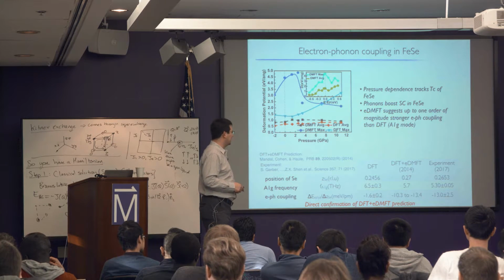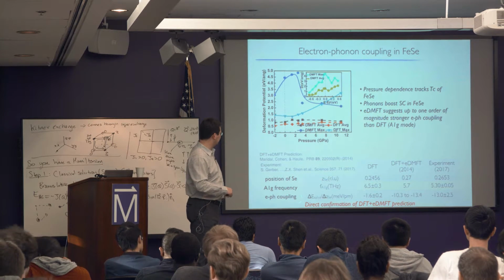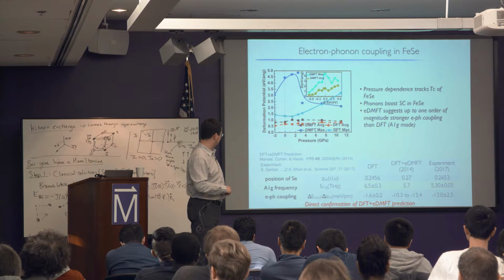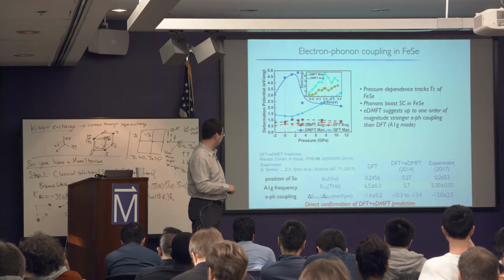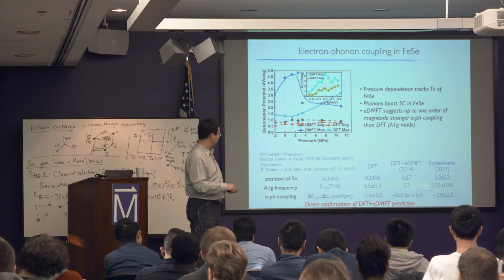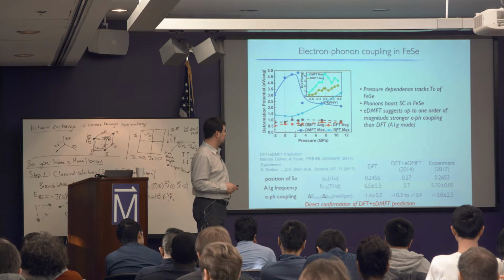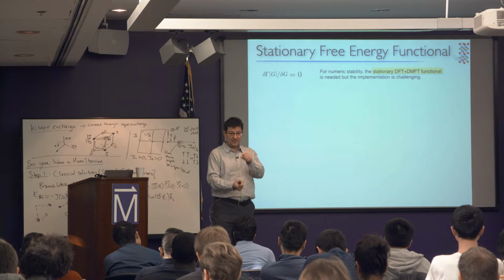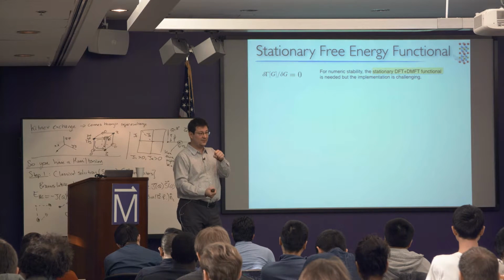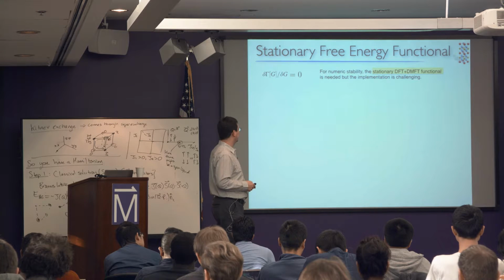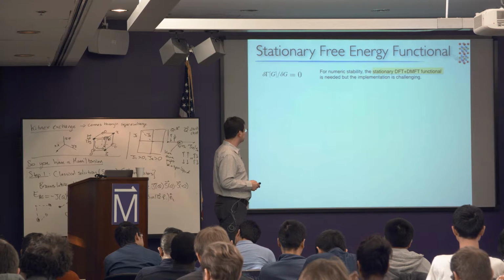Thanks. Yeah, so in addition to electron-phonon coupling, of course, the position of selenium is much better, and also the frequency is closer. But the important point is that this incoherence actually has a strong effect on the structure and on the electron-phonon coupling.